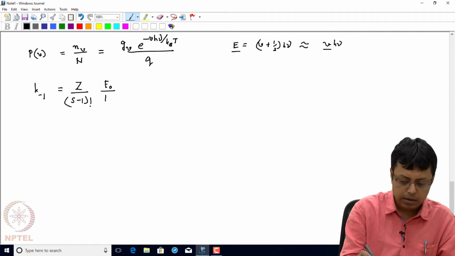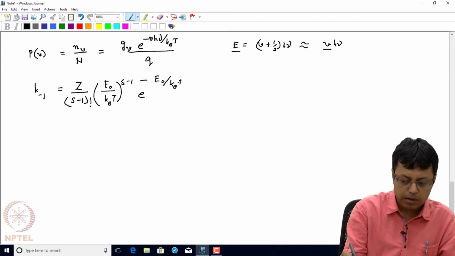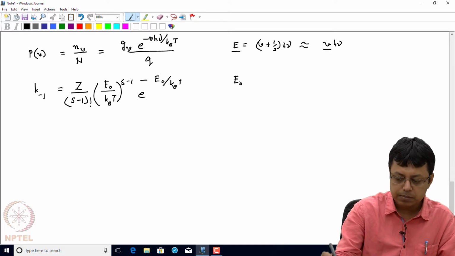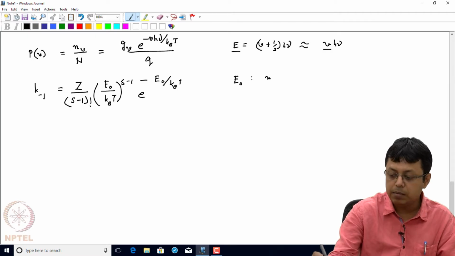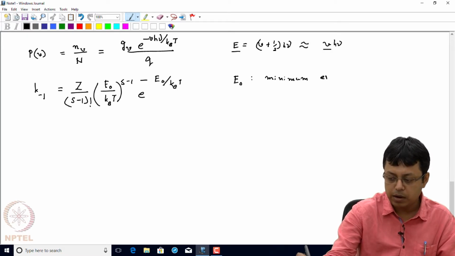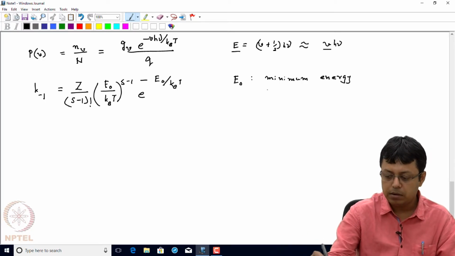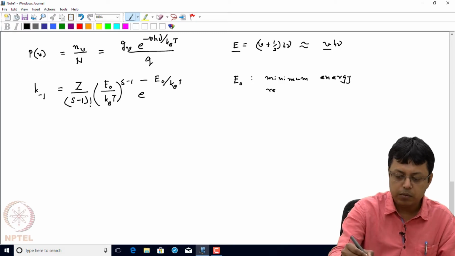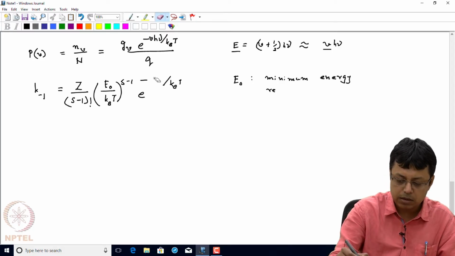E0 by kBT raised to the power s minus 1 into e to the power minus E0 by kBT, where this E0 is basically the minimum energy that you require for the reaction to happen, or we were actually using the epsilon star notation.